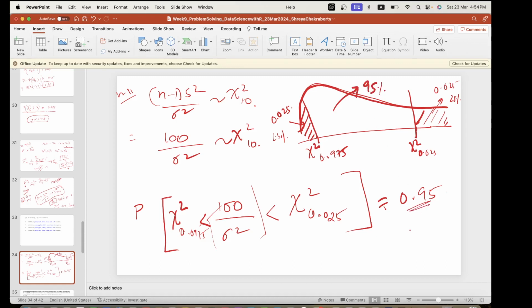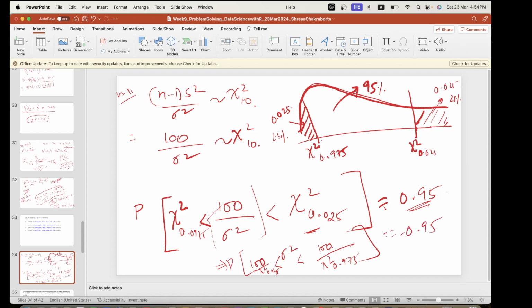That corresponds to this confidence interval. So the 100 by sigma square thing should lie between here and here. Now we can get the values of this directly from the table. If we just do a transformation, then we can write it as 100 by chi-square 0.025 is greater than sigma square, which is greater than 100 by chi-square 0.975, and this probability would be 0.95.